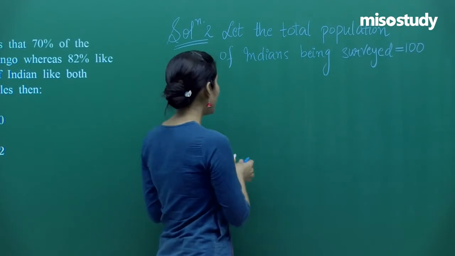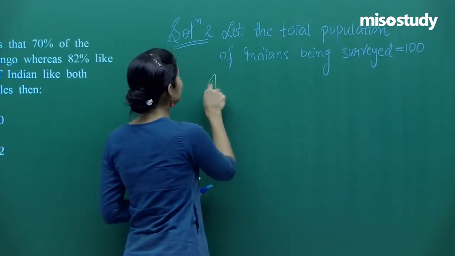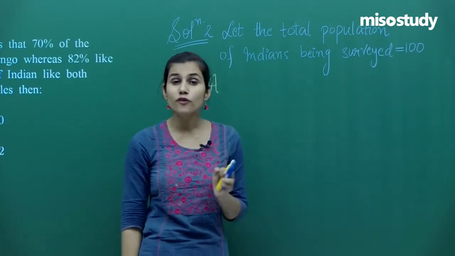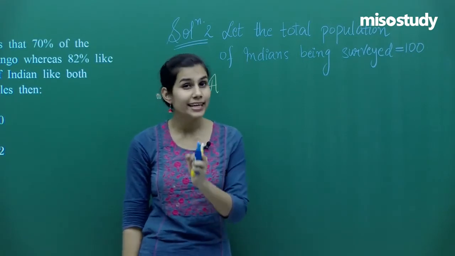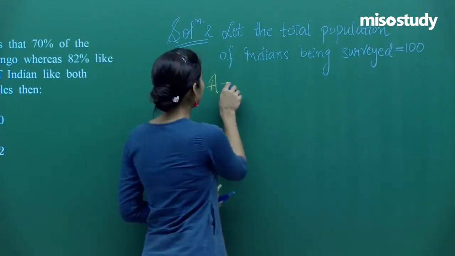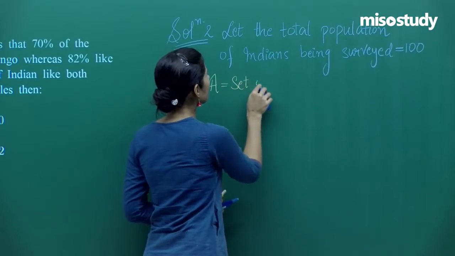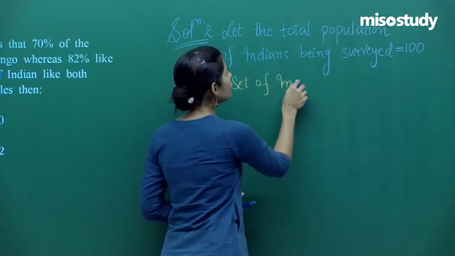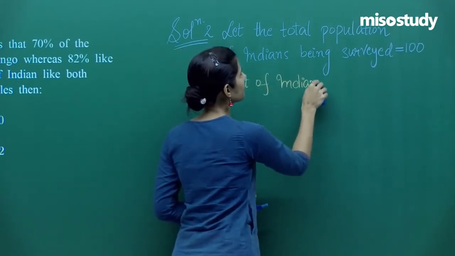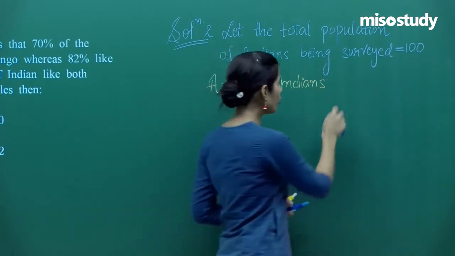Now, if I try and make my set A to be the set of all those Indians who like mango. A is the set of all those Indians who like mango.